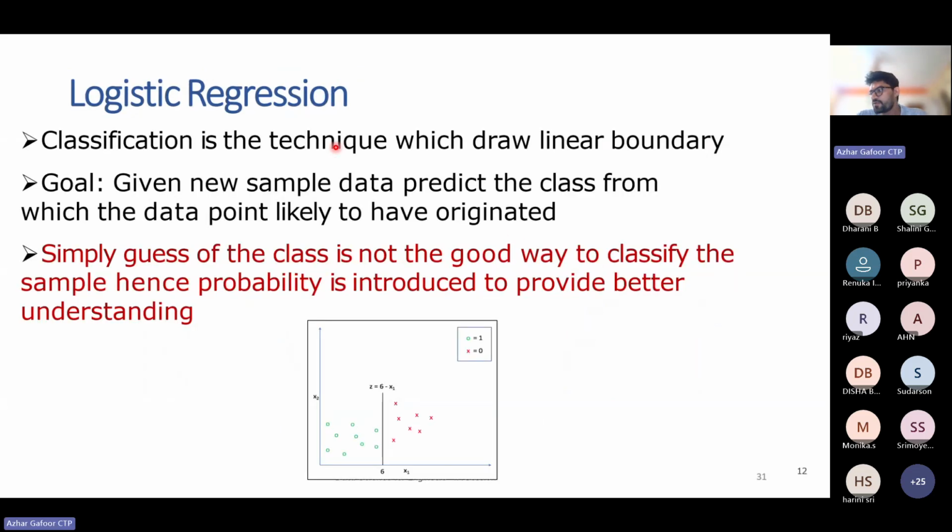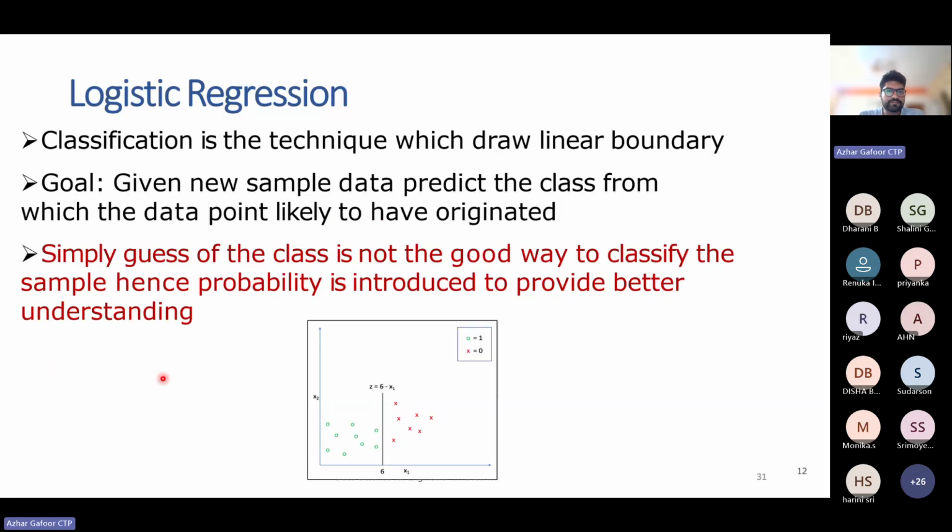Logistic regression. Even though the name is logistic regression, it's a classification technique in which we draw a linear boundary. The goal is that, given new sample data, we predict the class from which the data point is likely to have originated.